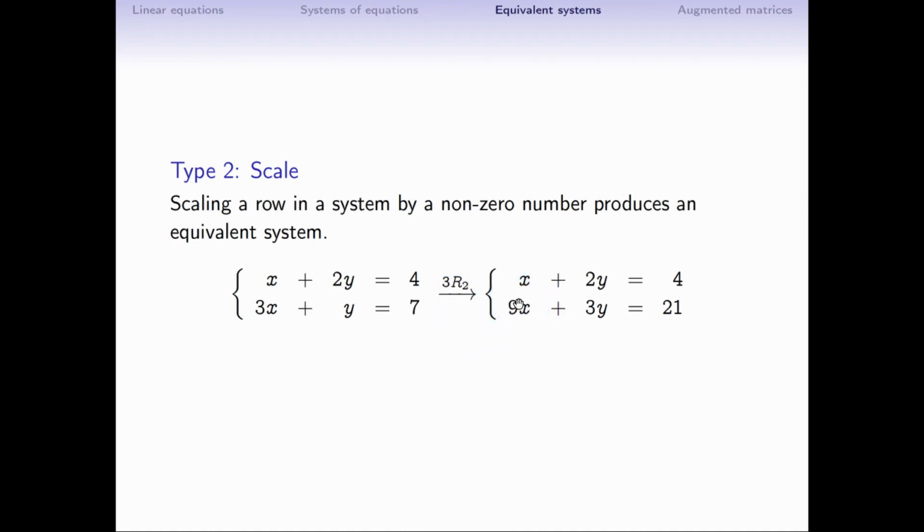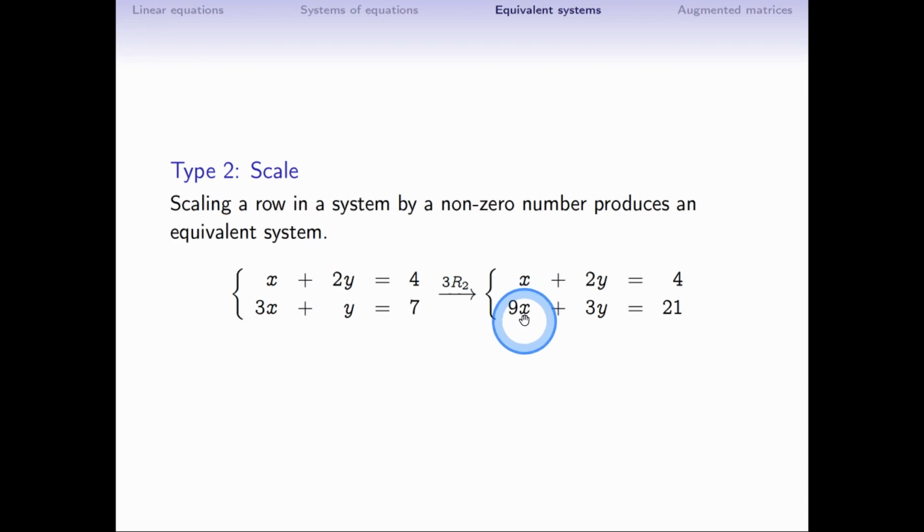That'll have no effect on the first row or the first equation. It's still x plus 2y equals 4. The second equation, however, is going to be magnified or scaled by a factor of 3. We now have 9x plus 3y equals 21. Now, it's easy to see why the system on the right is equivalent to the system on the left, because this is just a re-representation of exactly the same line.